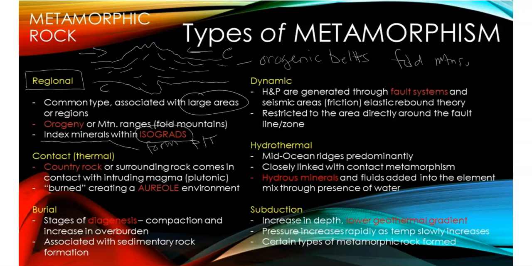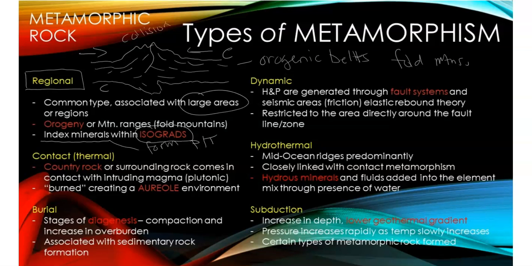Okay, the isograds are going to be the boundary between each definitive mineral type that's formed at a certain temperature and pressure. You can also look at the suture line, and this is a collision zone as well.